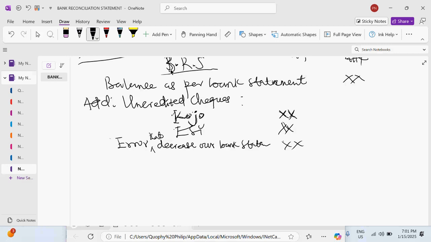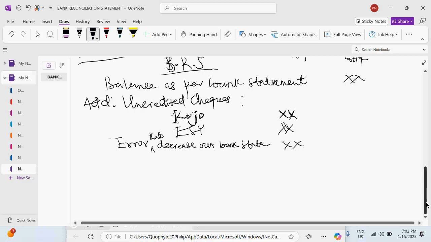But when you credit the bank statement, it means you are increasing the amount. That's what they say: your account has been credited, it means you have increased your amount. Your account has been debited, it means you have reduced your amount at the bank statement side. But at the cash book side, debit means you are increasing the what? The balance, right? You are increasing the cash book. But credit means you are decreasing the what? Cash book balance. So if wrong debit is coming, it means an error that decreases our bank account, right?